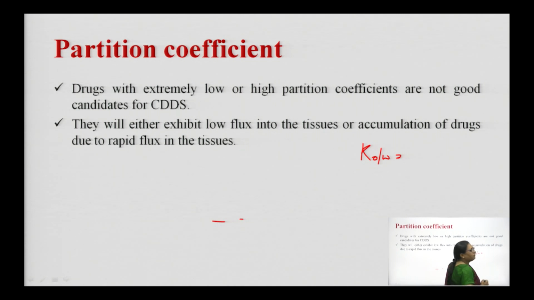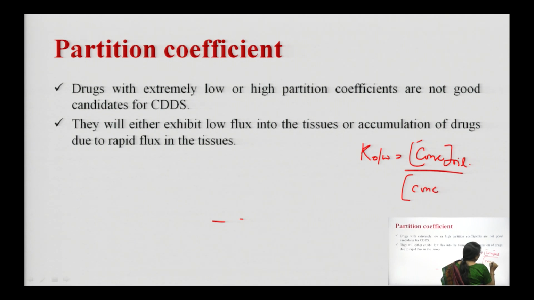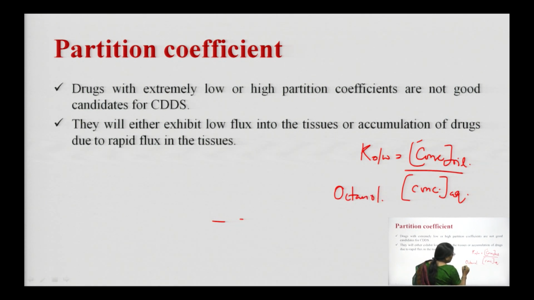So, the partition coefficient is basically the ratio in which the drug will distribute itself between oil and water phase, that is concentration of drug in oil phase upon concentration of drug in aqueous phase. For bioavailability purposes, often the oil phase is replaced by octanol, and we consider what is called as n-octanol coefficient of the drug.